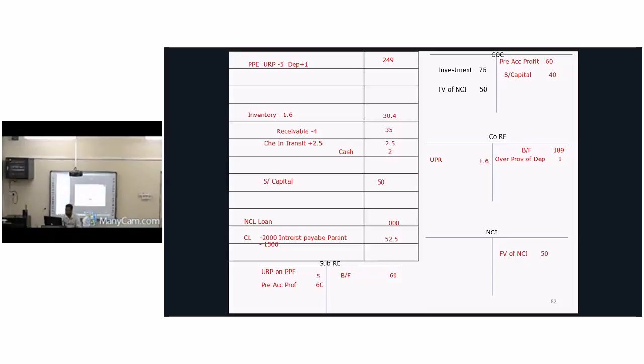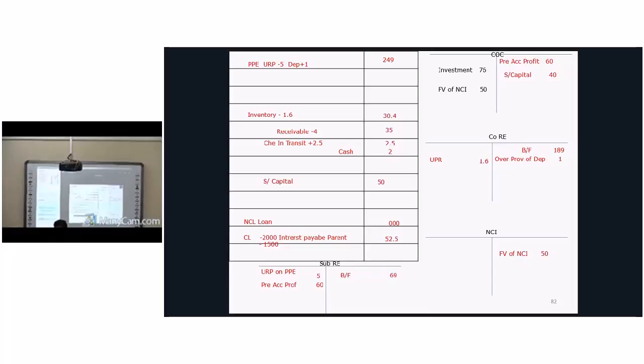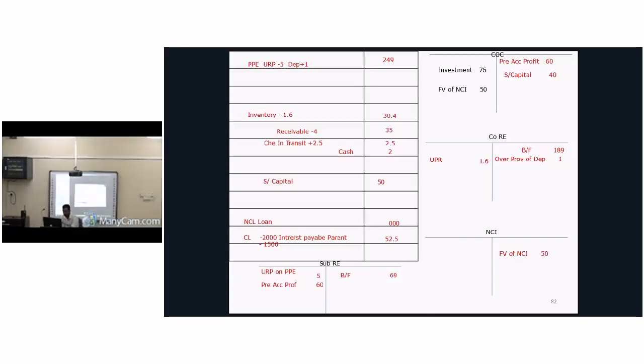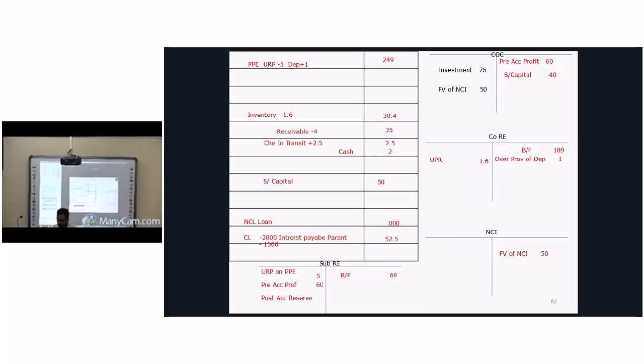Now we close this one. First, the subsidiary's retained earnings 69 minus 5 minus 60, then the balance is 4. This post acquisition reserve of four should be split into two as 60% and 40%.